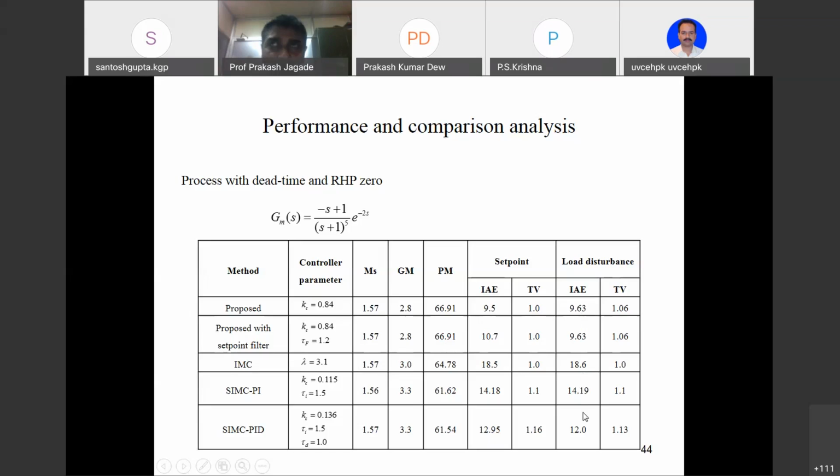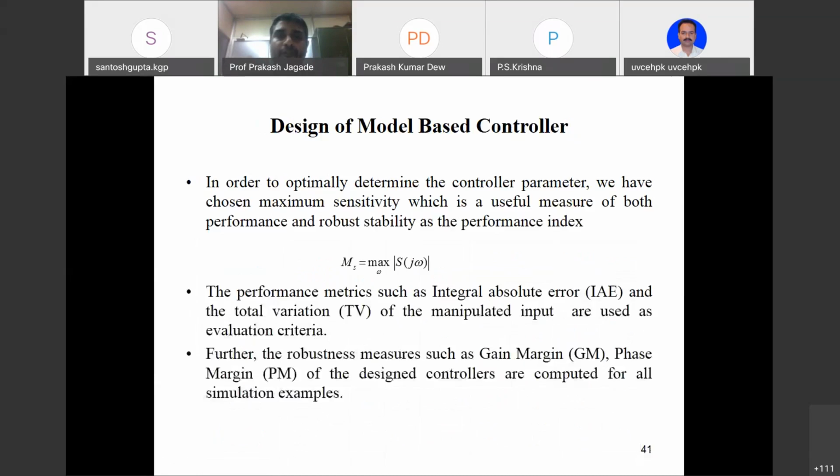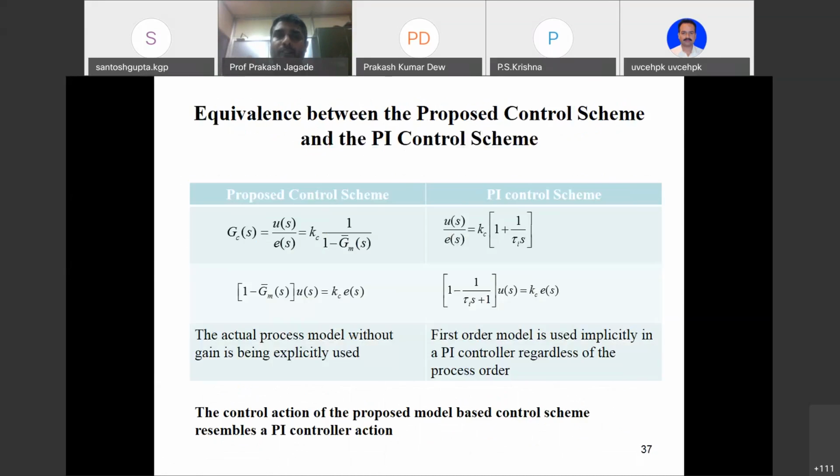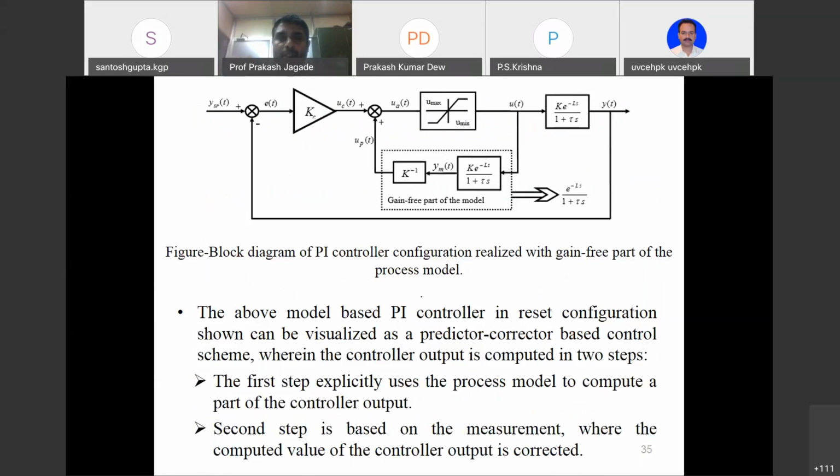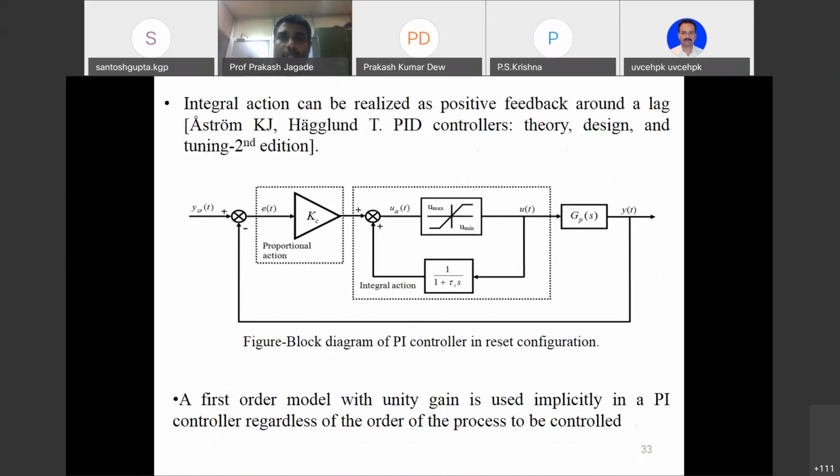So what we have demonstrated here is that with the help of a simple model-based control scheme, that is, instead of using a first order lag, if you use a gain-free part of the transfer function in your control law, you are able to get satisfactory set point performance as well as load performance compared to IMC, SIMS PI and PID.